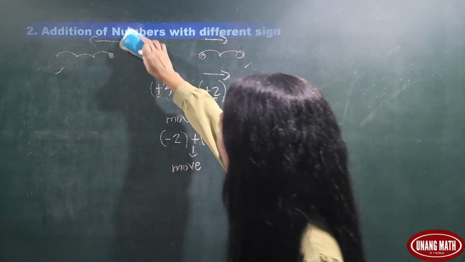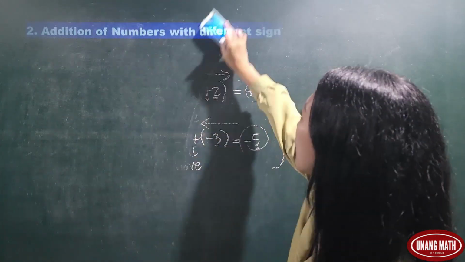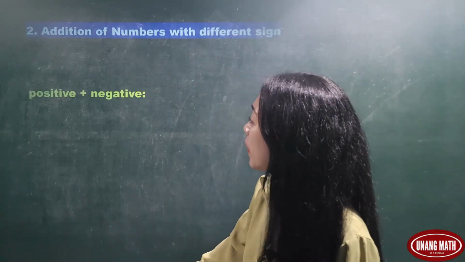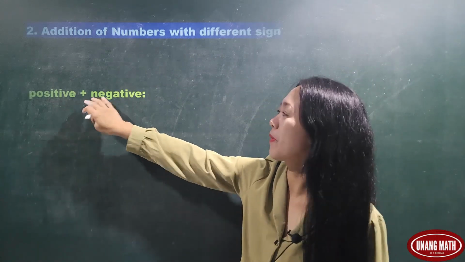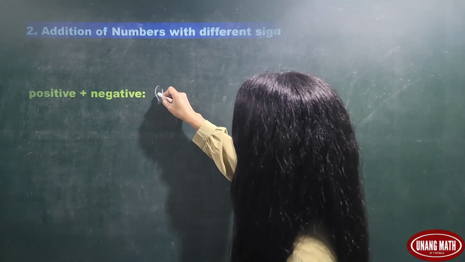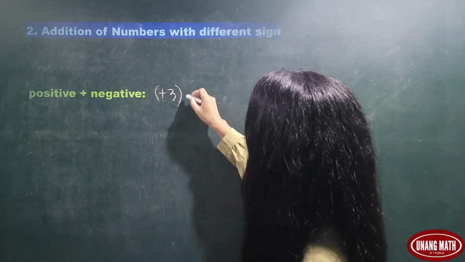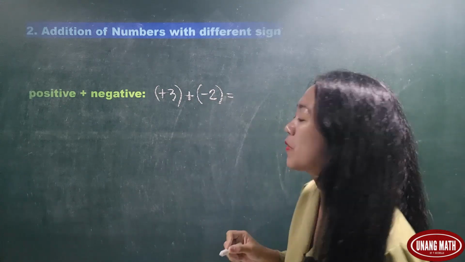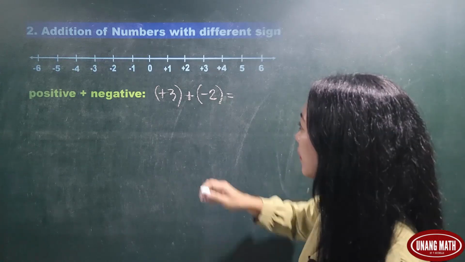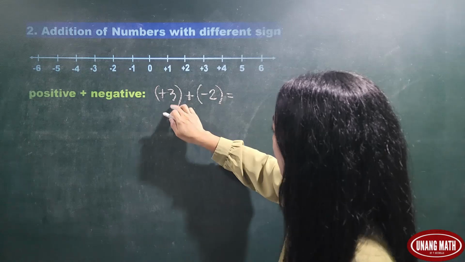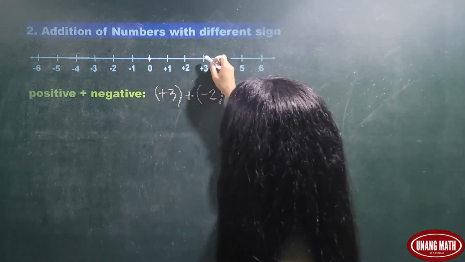Let's move on. This time, addition of numbers with different signs. Let's start with positive number plus negative number. Example, positive 3 plus negative 2. What will be the answer for this? Using the number line, let's locate where positive 3 is. This is the origin.